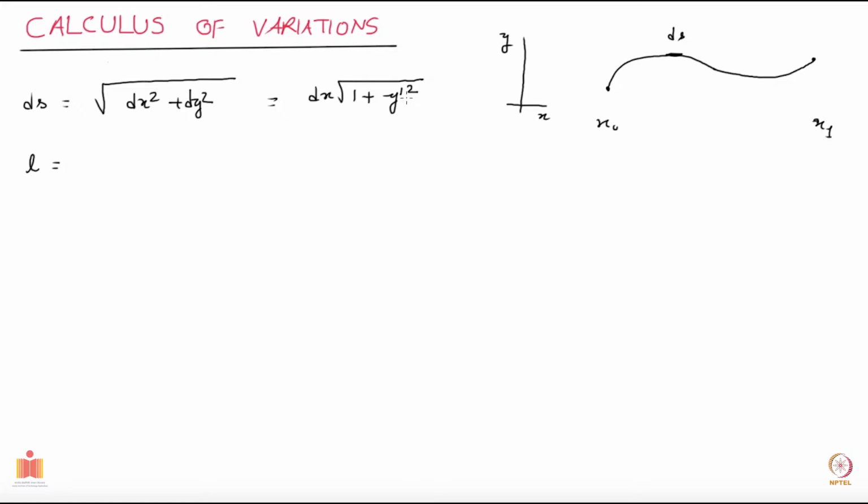So that's the differential element of the length along this arc, and the total length of this curve is the integral of ds, which becomes the integral of dx square root of 1 plus y prime square, and of course you have to integrate from x0 to x1.